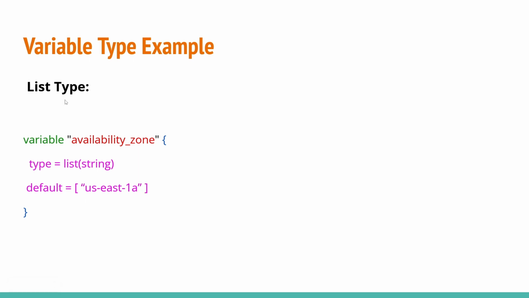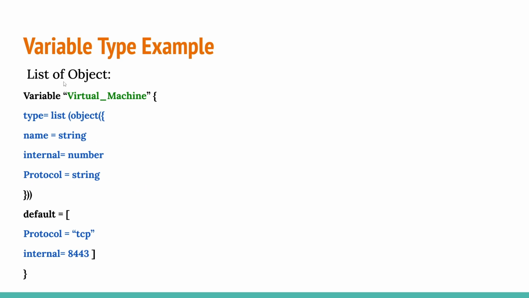So here it is the list type of variable, and here it is one more, a list of objects. You can see this is a little complex actually. We will see it in upcoming practical labs. So you can see I am giving the name as a string. The internal port we are going to define with a number, and the protocol is also a string.